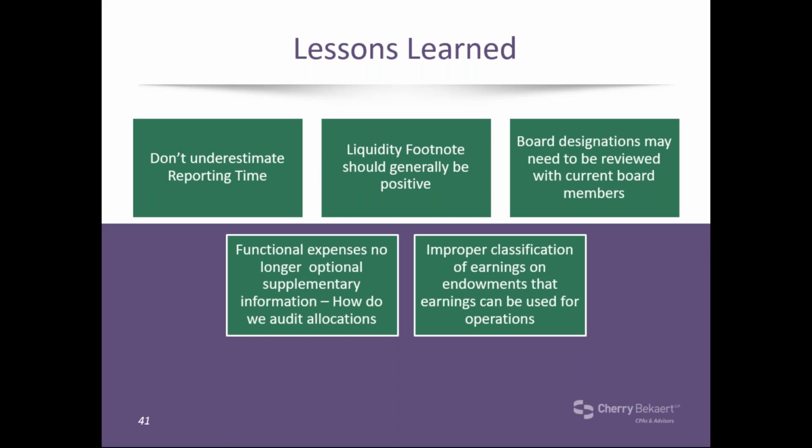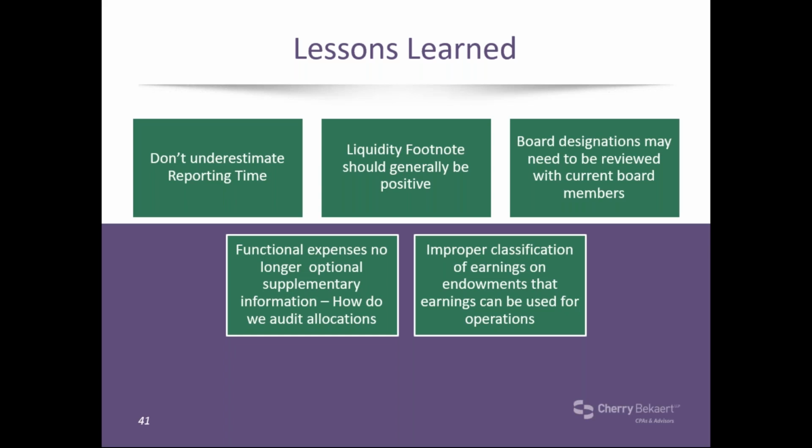First of all, don't underestimate your reporting time. And this is from both an internal perspective and an external perspective. From the external perspective, your auditors, some firms have different policies around when a new standard is adopted, if there's additional reviews that are needed for their quality control process. So please think about that.